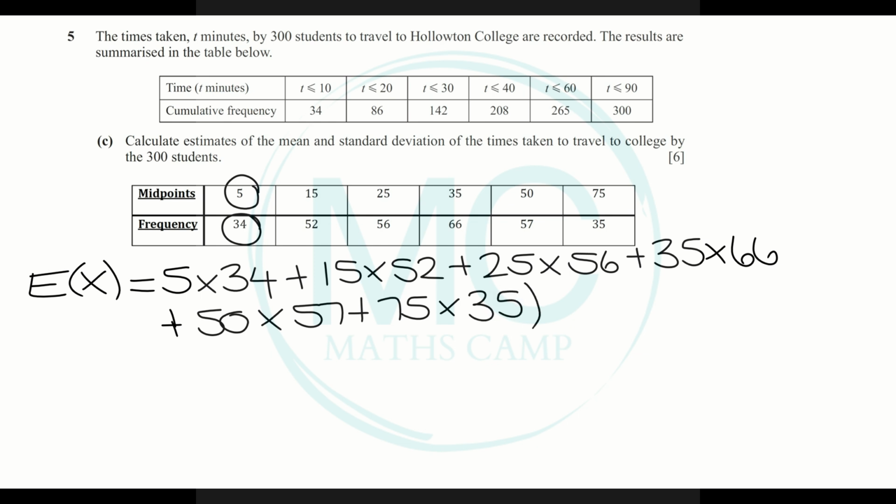And then we divide this sum by the total number of students, which in this case is 300.